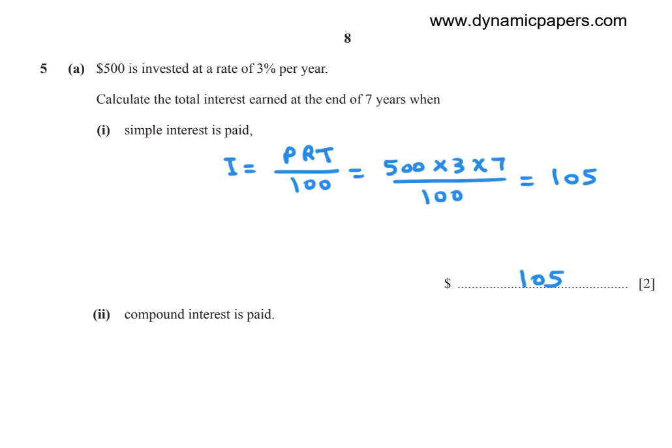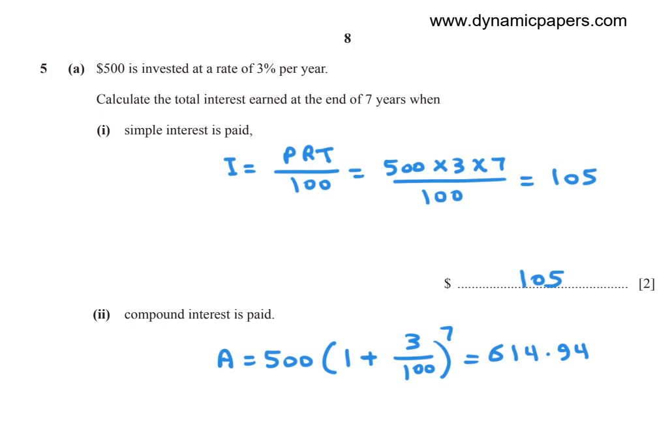For double I, if compound interest, we can find the total amount, then subtract the original to find the total interest. So A equals 500 into 1 plus 3 over 100, to the power 7, equals 614.94 to 2 decimal places.